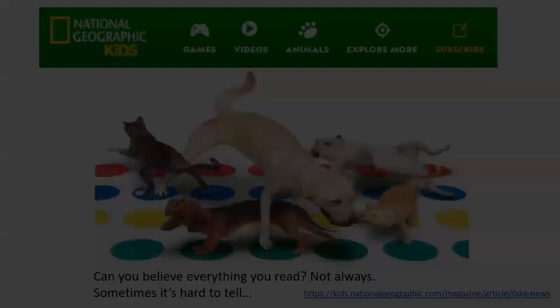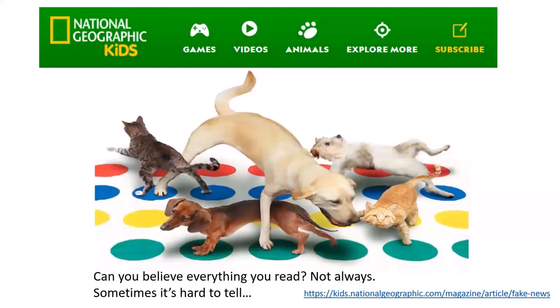Some of the versions are even geared towards children. So here's an example of one from National Geographic, geared towards kids, teaching them that they can't believe everything they read on the web. Really important to educate kids on misinformation and disinformation and get their critical evaluation skills going at an early age.